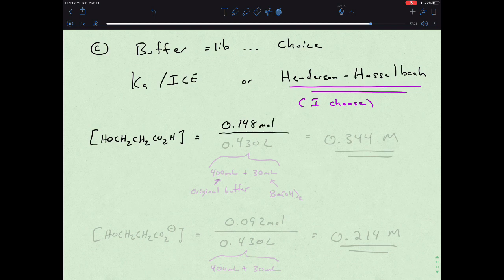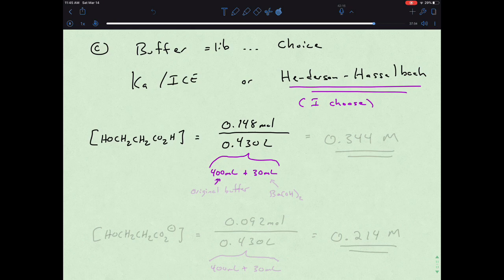And here's a tricky spot. Notice that our volume has also changed from 0.4 liters to 0.43 liters. So where is that coming from? Well, that's coming from the fact that we had 400 milliliters of the buffer, but then we just added 30 milliliters of this barium hydroxide solution.